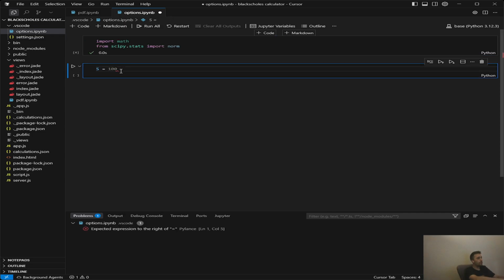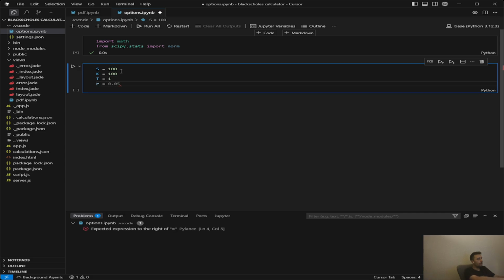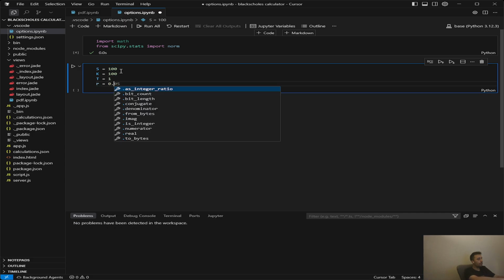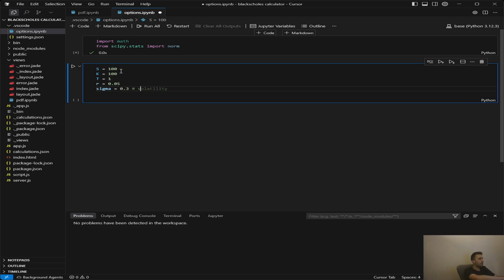Again, S equals 100, this is the spot price, K equals 100 as well, T equals 1, r equals 0.05, and sigma equals 0.3.